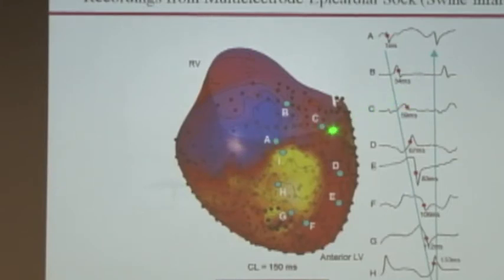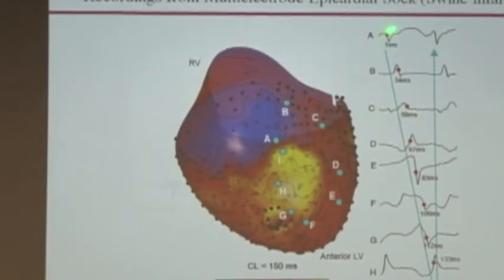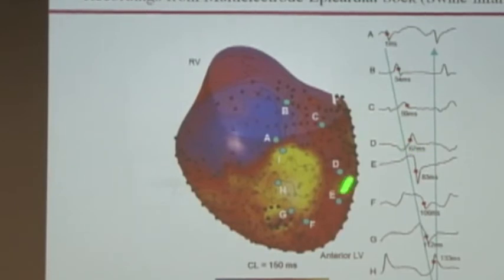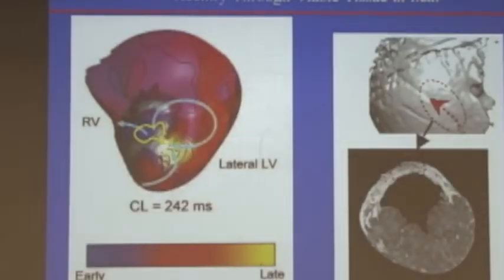But anyway, this is a typical example of a VT that was induced. We're basically going from A to B to C to D to E, and the tail meets the head right here. So this is probably the critical slow conduction area. And you can see this very nice progression around this VT circuit of these R waves as they zip around. Then the hearts were explanted, and all the electrode sites were digitized with a 3D digitizer.